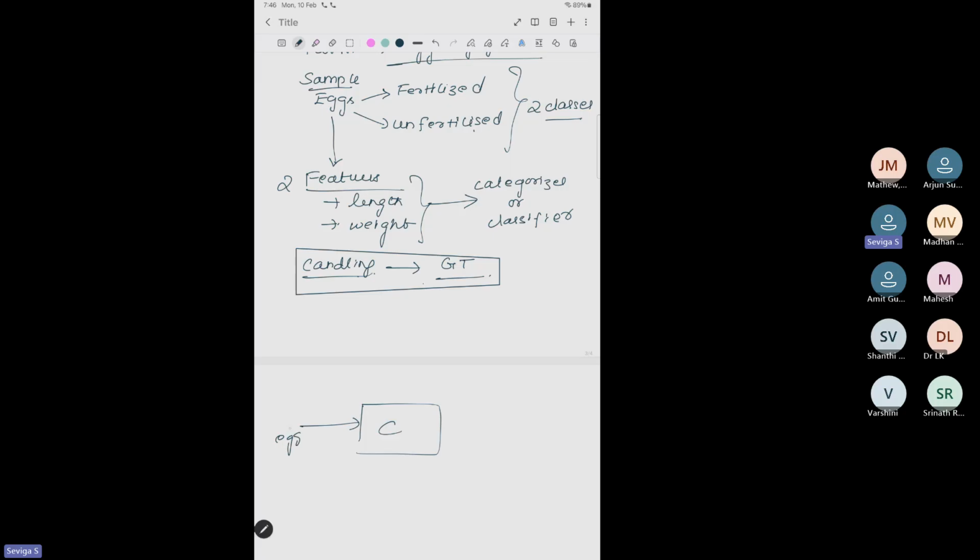We give the sample, which has two features, feature one and feature two, and based on these it has to divide into two classes. For now, don't ask whether we can identify an egg based on the features, but we assume that with the help of these features we will be able to categorize it into a fertilized or unfertilized egg. So this is the problem which we have.